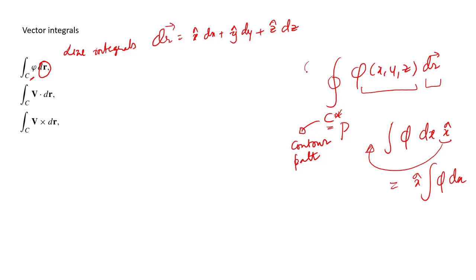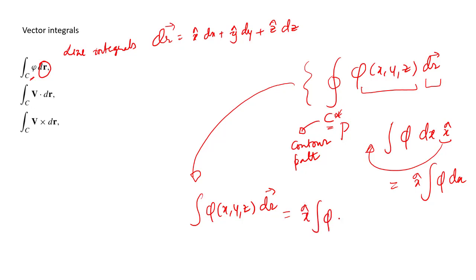So this is equal to x phi dx. So if I have a scalar function for which I have to perform the line integral, then I can write that as phi of xyz along dr, which is the vector line increment. That would be equal to simply x of phi along dx plus y of phi along dy plus z of phi along dz.